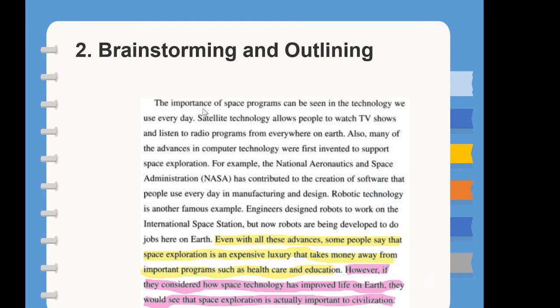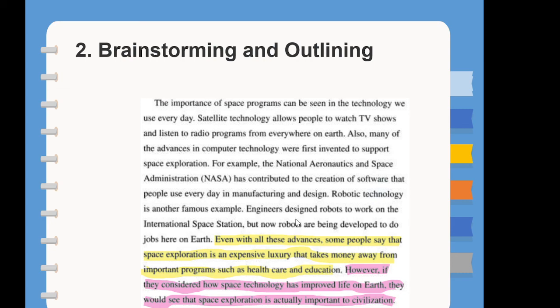Important: space programs can be seen in the technology we use every day. These are all the supporting ideas, and the highlighted one, the yellow one, is the counter argument, or the opposing opinion. Even with all these advances, some people say that space exploration is an expensive luxury that takes money away from important programs such as health care and education.